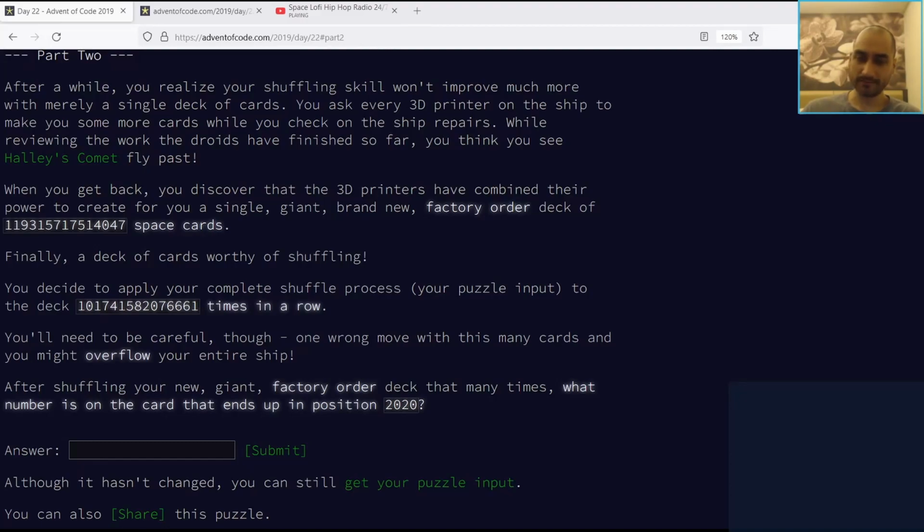Can we? Well, sort of. Not really. Not fully. But we can figure out where certain cards... We can follow certain cards around by that process.